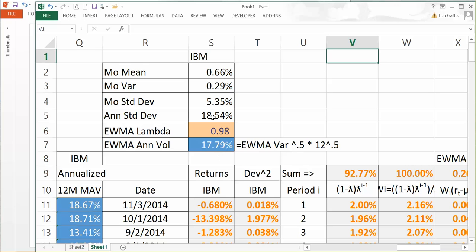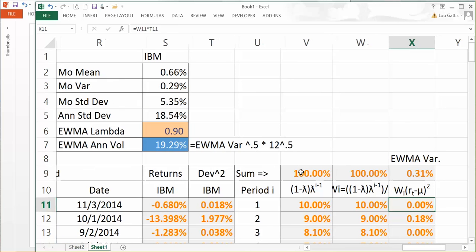Now I use the lambda of 0.98. Let's think about what that means. One way to think about lambda is, if you take 1 minus lambda, it's really the weight of the last month. So as lambda goes down, you weight the most recent data even more.